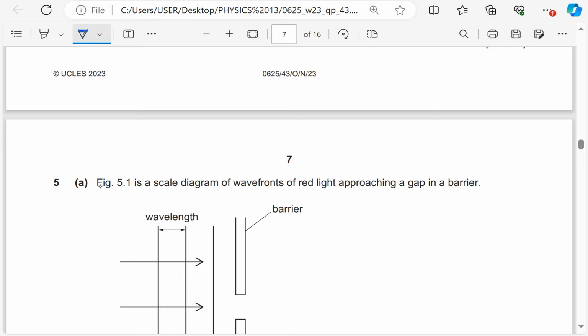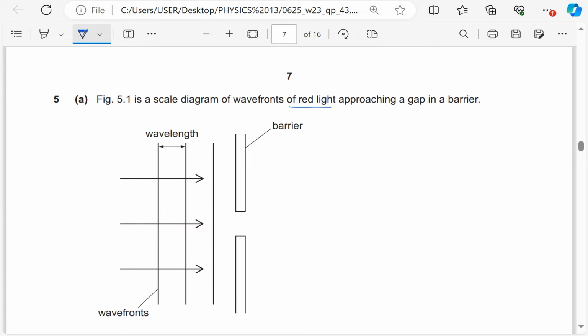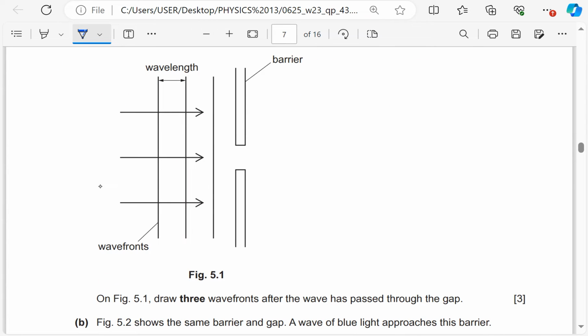The figure is a scale diagram of wavefronts of red light approaching a gap in a barrier. On figure 5.1, draw three wavefronts after the wave has passed through the gap. So I'll measure the wavelength and compare it with the size of the gap.